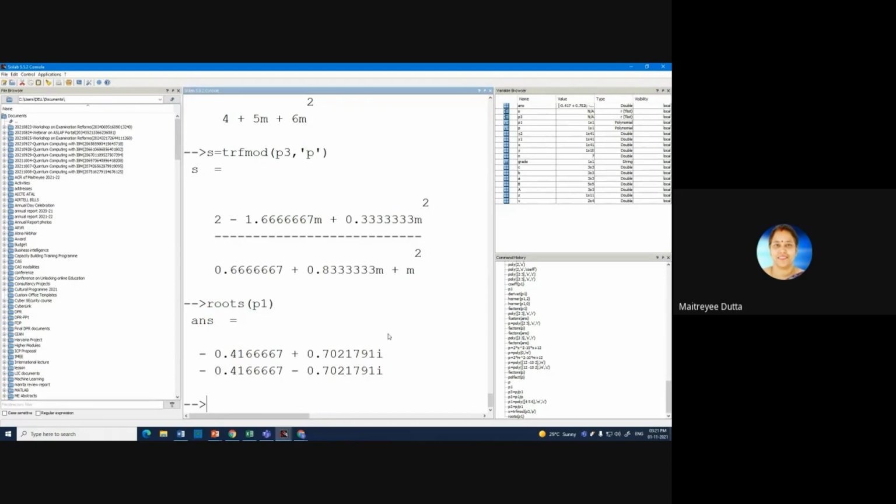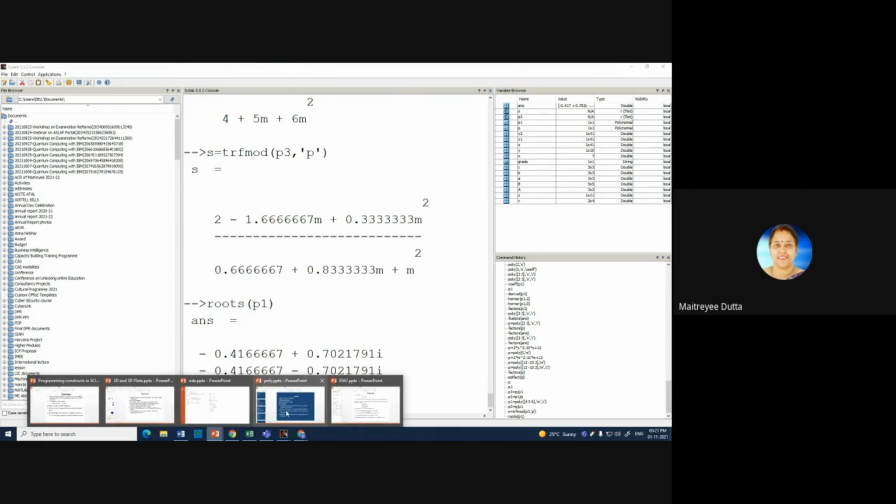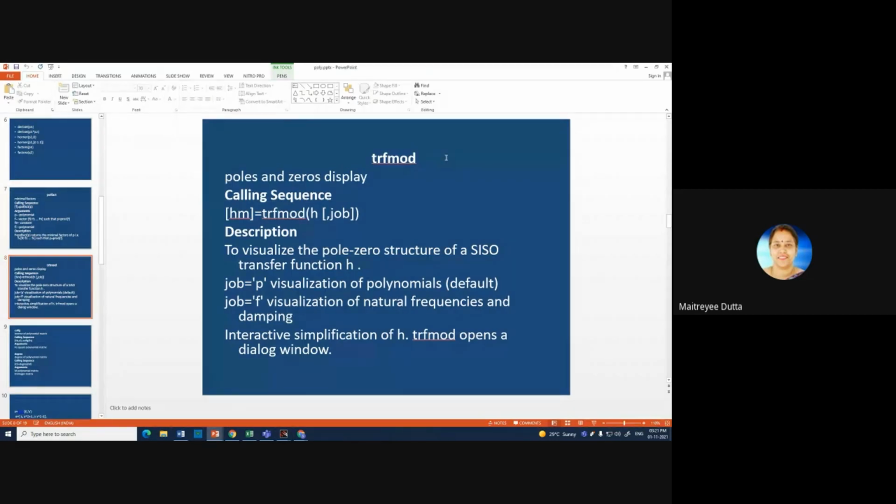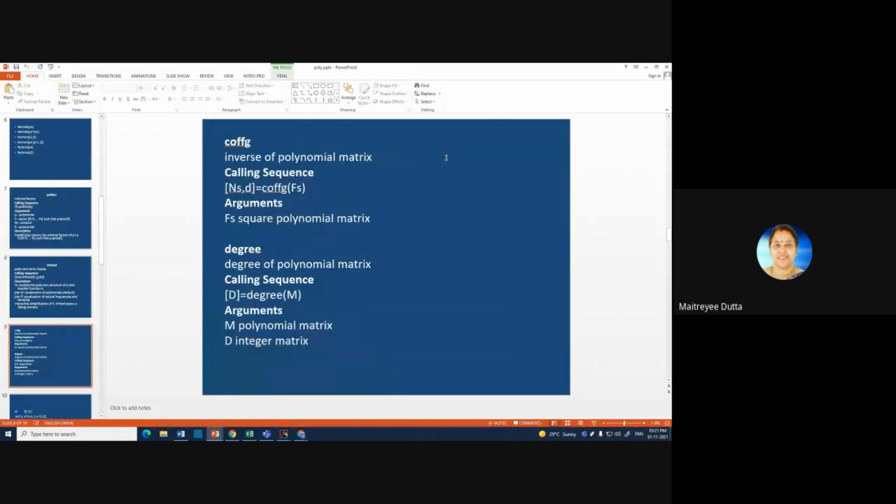That means in the denominator part, you will get the imaginary values. So this way you can find what are the poles and what are the zeros. So this is your TRF mod. TRF mod gives the poles and the zeros of a transfer function.